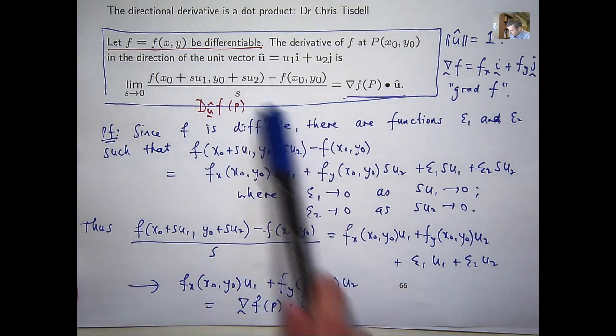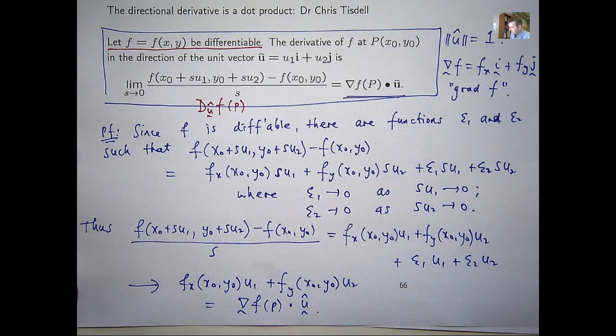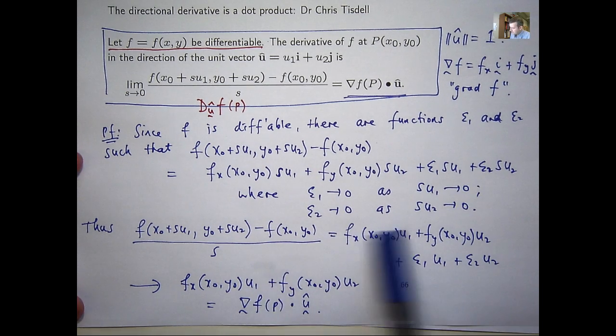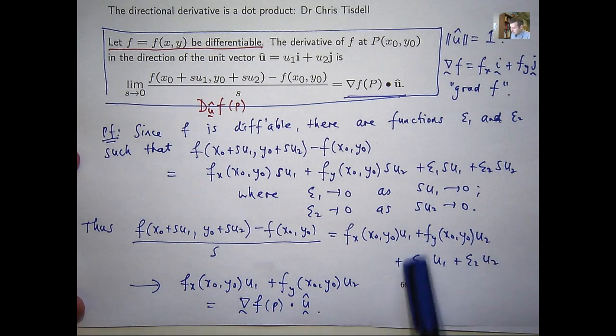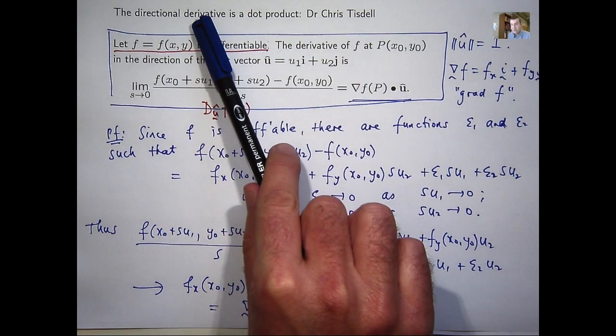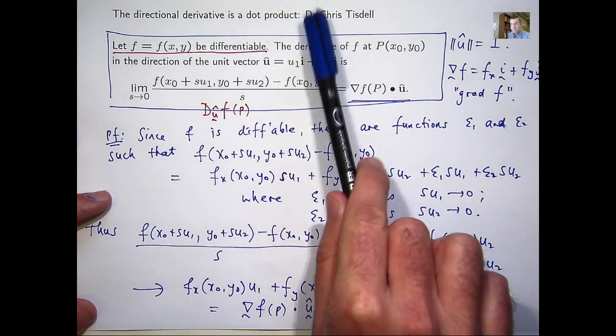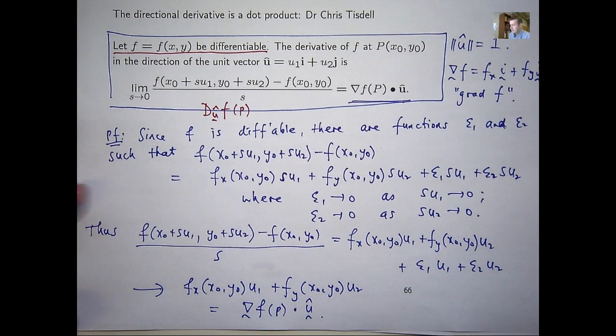We wrote the difference up here in terms of the partial derivatives, and then we divided by s and let s go to 0, and we know that these two terms disappear, and then we just wrote this as a dot product. So that's a proof of the connection between the directional derivative of a differentiable function and a particular dot product involving this unit vector and the gradient.